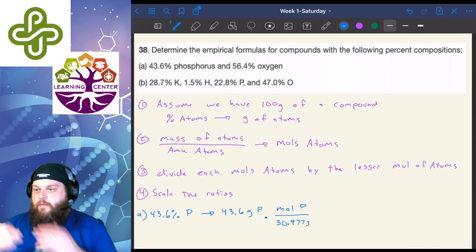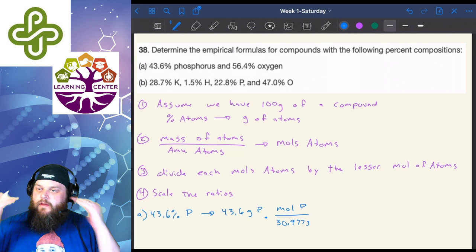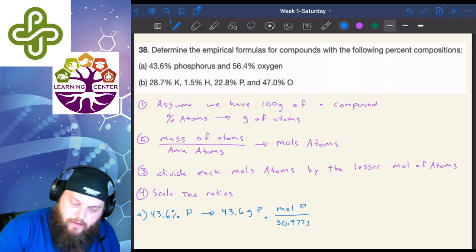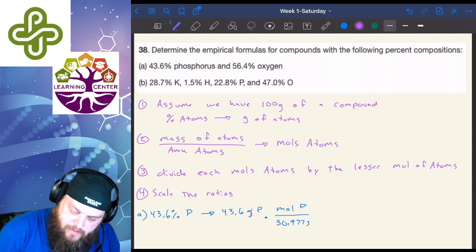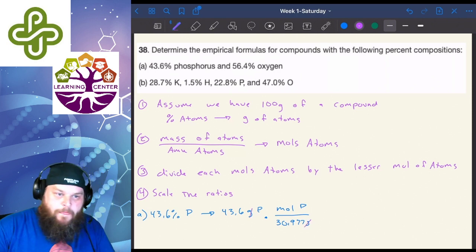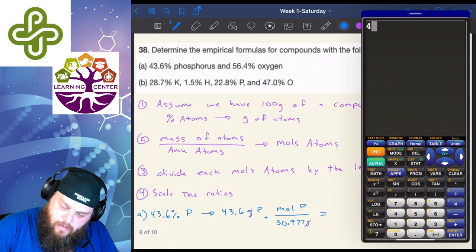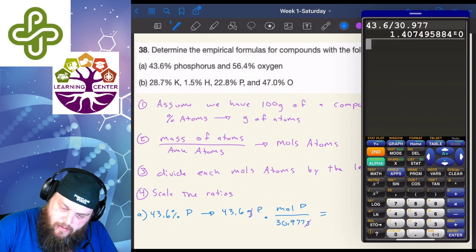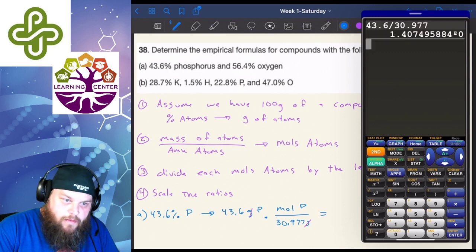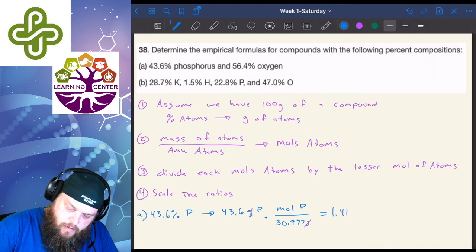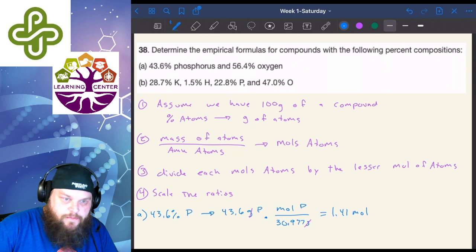So I put the 30.977 grams on the bottom and the moles on the top. It's still a ratio of 1. We're converting the grams to moles here, so the grams and grams go away. That is going to equal 43.6 divided by 30.977, which is 1.41 moles of phosphorus.